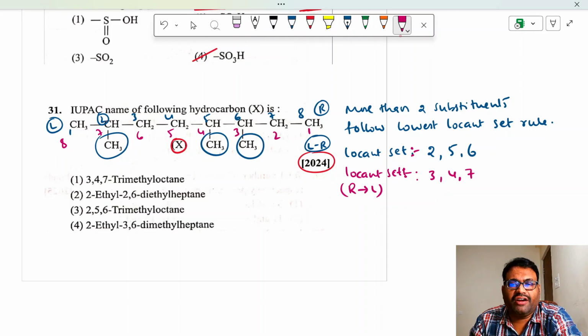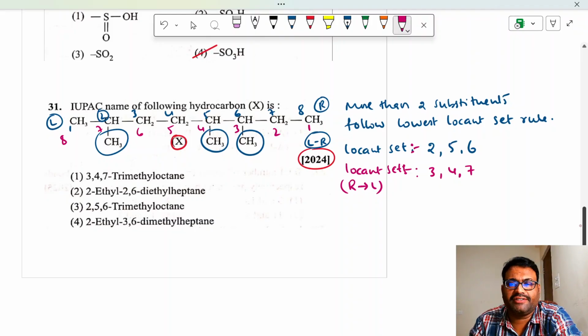So after writing these locant sets, you have to compare these locants. When you compare these locants, wherever you find a difference, you have to observe that locant, and the one which possesses the least number, that you have to follow. Here, locant set 1 has 2, and locant set 2 has 3. So which is the least number among these 2?